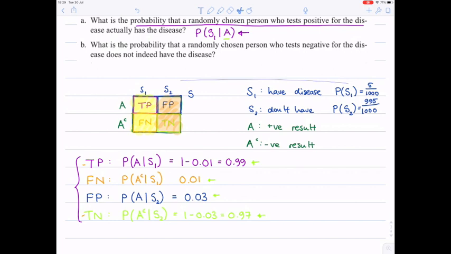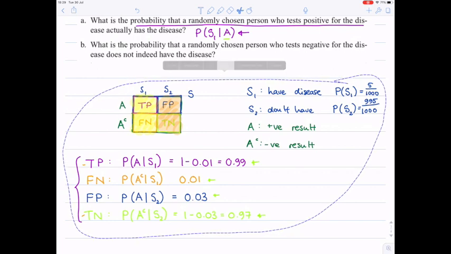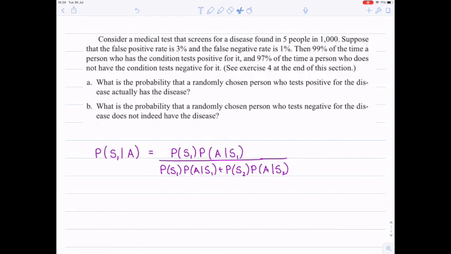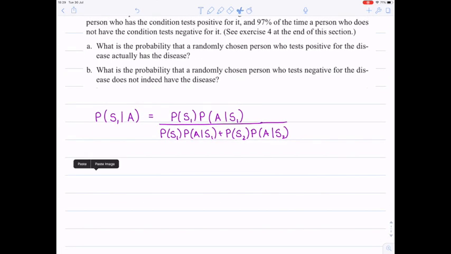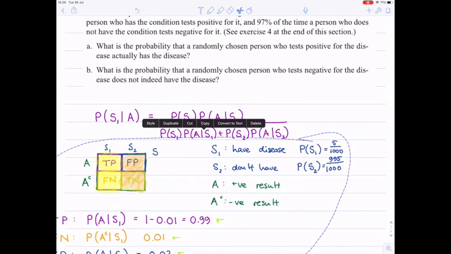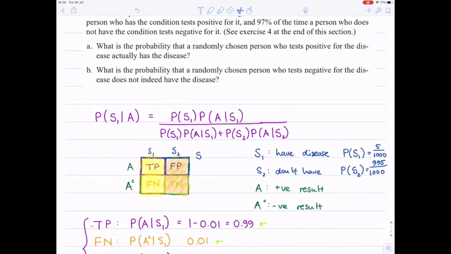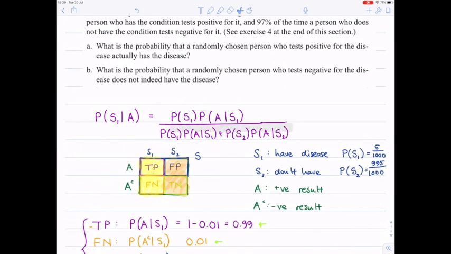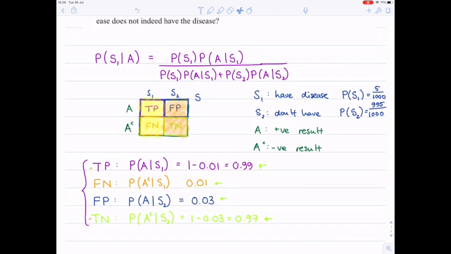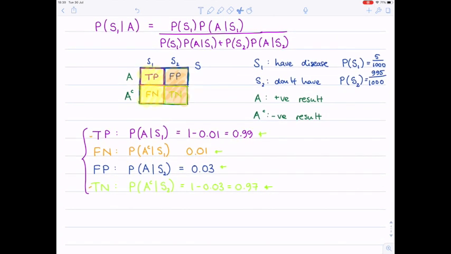So let's copy all of this. Okay, so now we have everything that we need, so we can go straight ahead and plug in and see how it works.